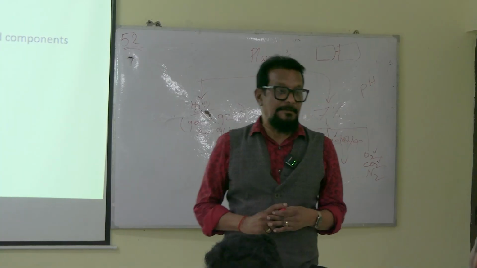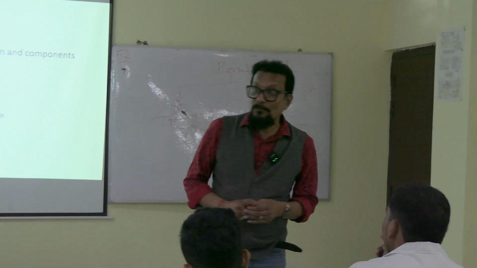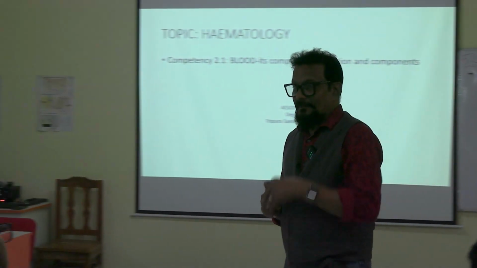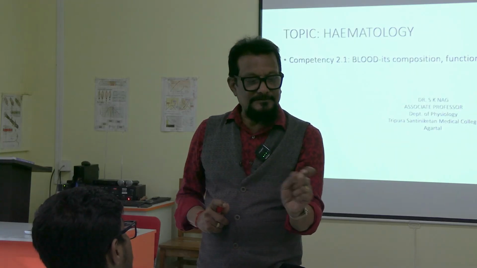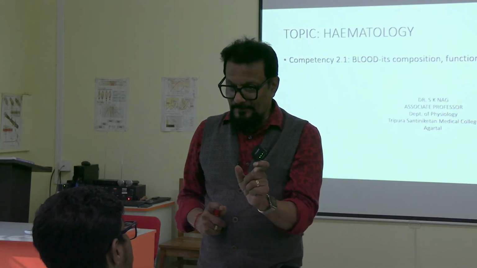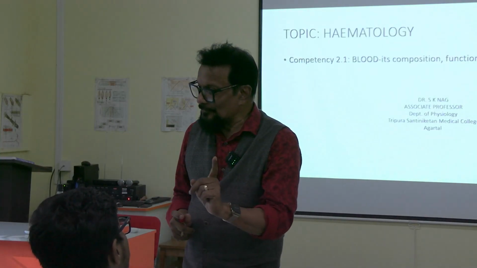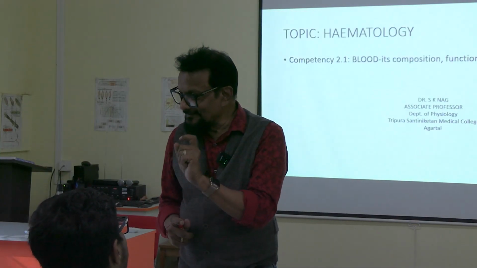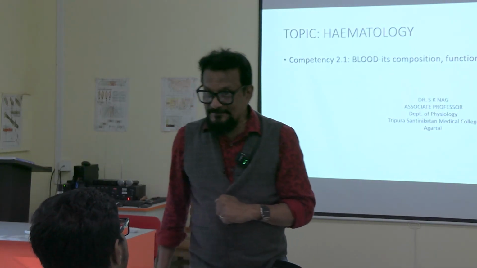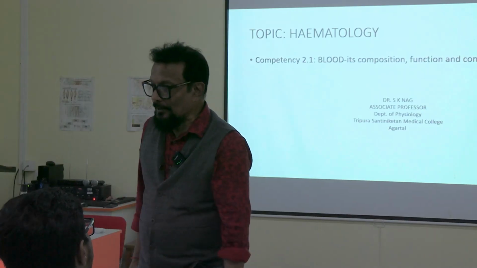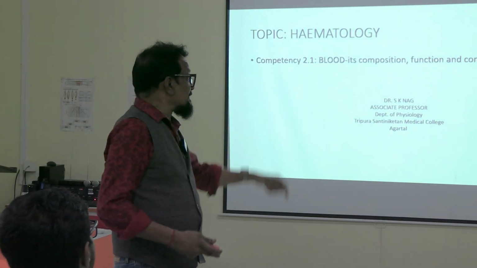On an average, they are 7 gram%. If you take 100 ml plasma, let's see how much protein is there out of this 100 ml. The range is 6 to 8 and the average is 7 gram. And when you have less than 6, what term is given to this condition?